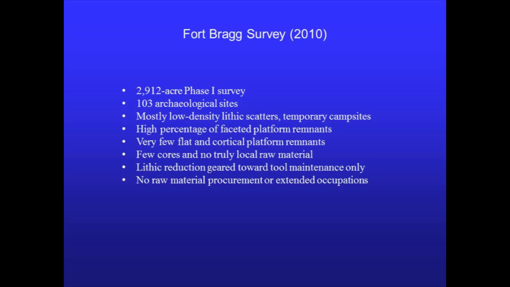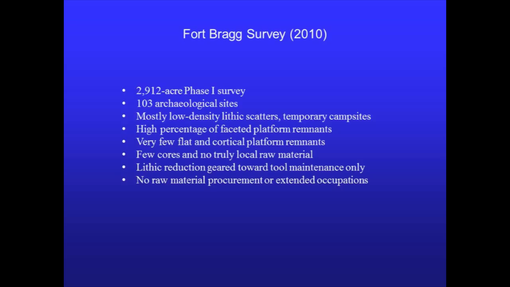There were only 3 cores found in the entire 2,900 acres, and 54 bifacial tools. So despite these very small sample sizes, and assemblages that are probably temporally mixed and heavily eroded, there were some very remarkable similarities in the lithic analysis.